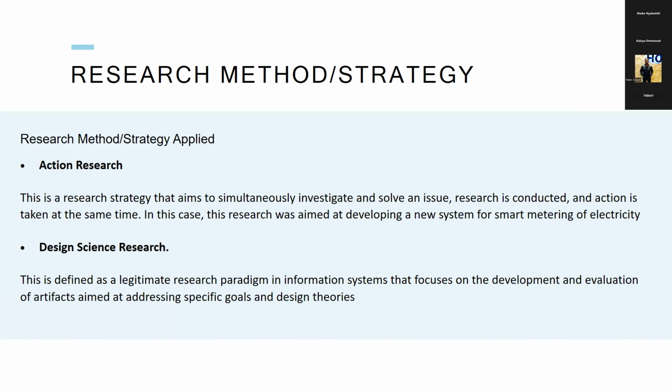The research methodology or strategy: we looked at these two. First, we have action research. This is a research strategy that aims to simultaneously investigate and solve an issue. Research is conducted and action is taken at the same time. In this case, the research was aimed at developing a new system for smart metering electricity.